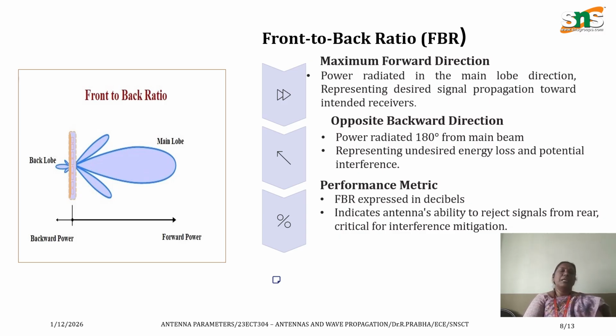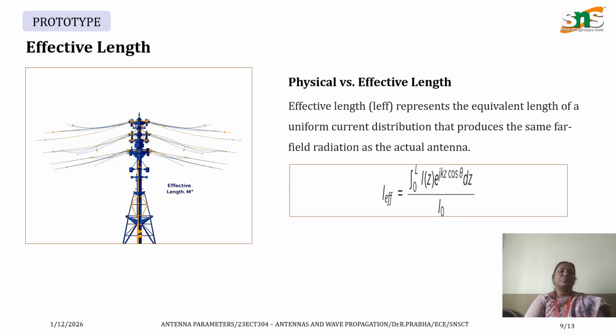And the opposite direction is the backward direction in the case of directional antennas, where the power is radiated 180 degrees from the main lobe. If we take a ratio between these, we get the front to back ratio, which is usually represented in decibels, and it indicates the antenna's ability to reject signals from the rear, which is critical for interference mitigation.